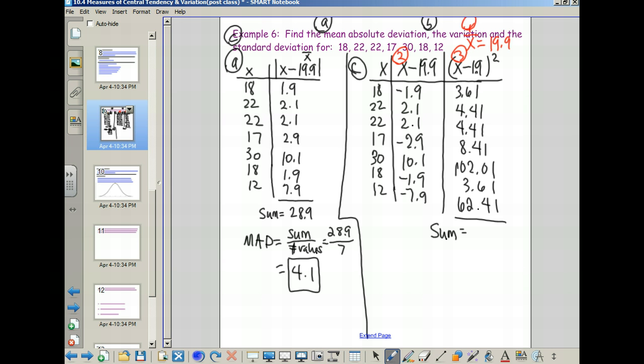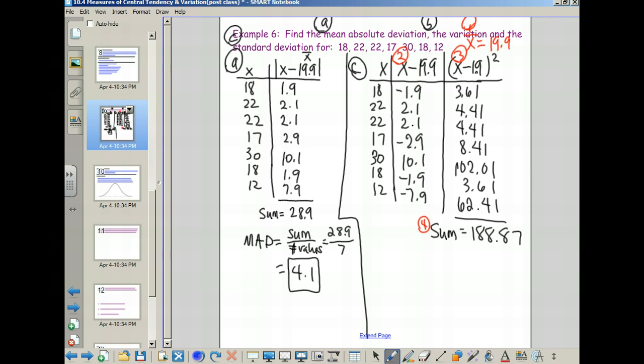So what is the sum of 3.61, 4.41, 4.41, 8.41, 102.01, 3.61, 62.41? I think it will be the sum. Okay. All right, so this is the sum. This was step 4.